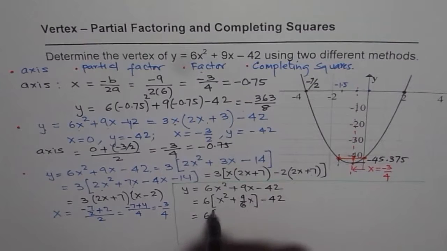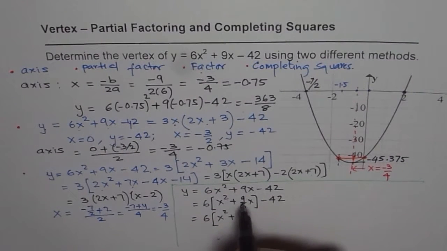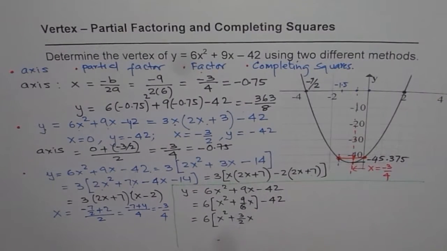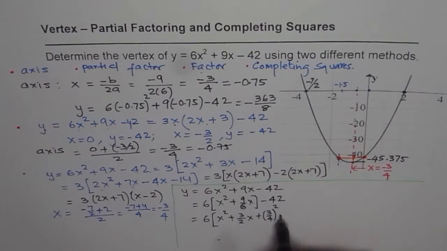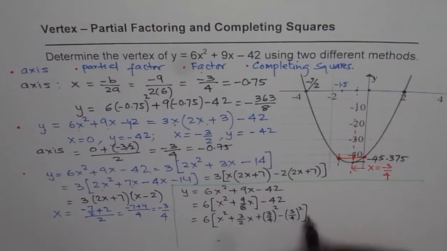Now we have to add and subtract half of this. Well, let me first write 9 over 6 as 3 over 2. It'll be slightly easier for us. Now half of 3 over 2 is 3 over 4. So we'll add and subtract the square of 3 over 4. That is what this method is, right? Extremely good method but lengthy.